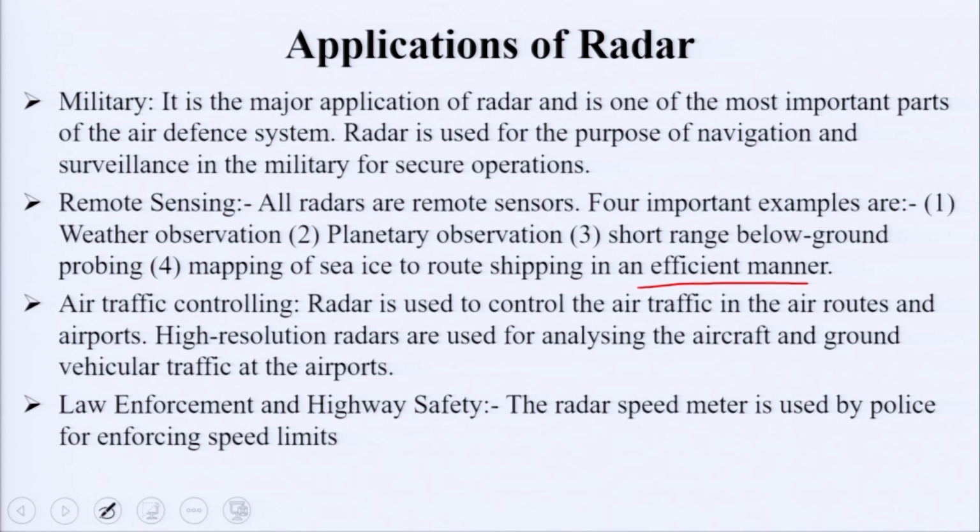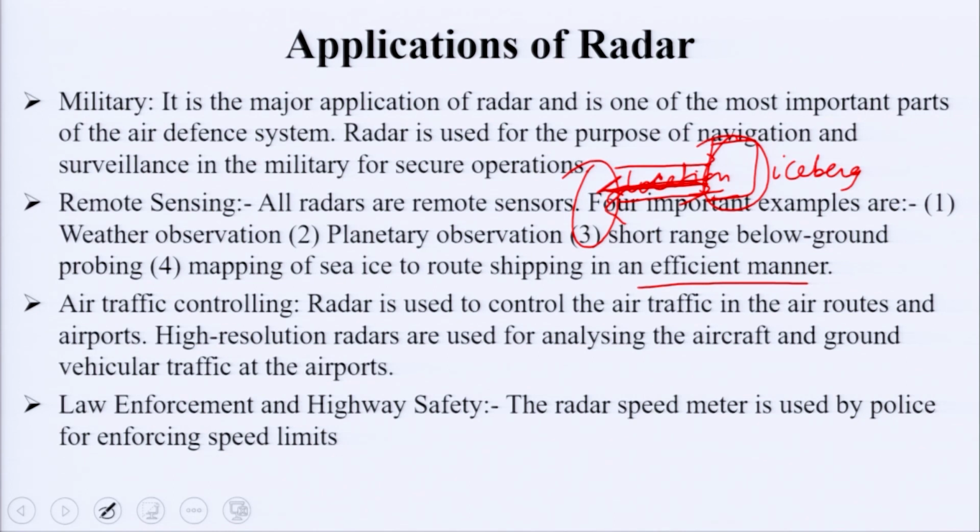In the sea, we send the signal, and if some obstacle, or we can say an iceberg, is on the path, it will reflect the signal, and this can be detected by the radar. In that case we are able to detect that there must be an iceberg, and what its range and location are. So, we can say that it is used for efficient routing of shipping.